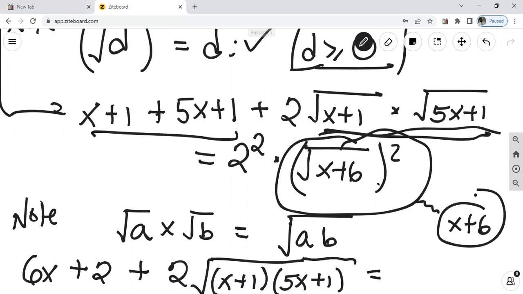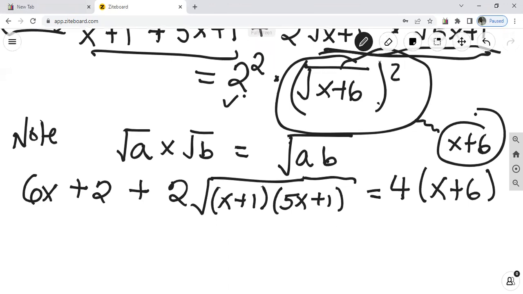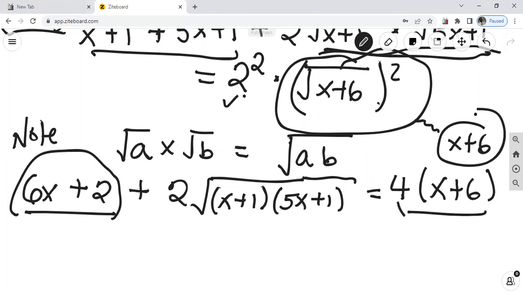And this will be equated to the right-hand side. 2 squared is 4. Then I'm left with just x plus 6. Now we simplify further. Upon simplification, you can take this to the right-hand side of the equation to interact with this, knowing fully well that this is 4x plus 24, not so?